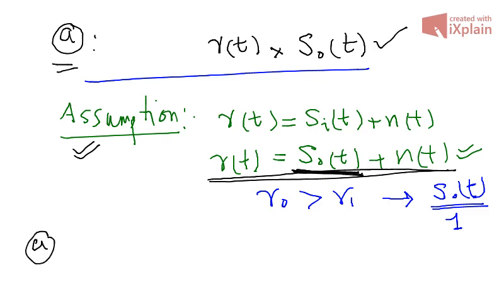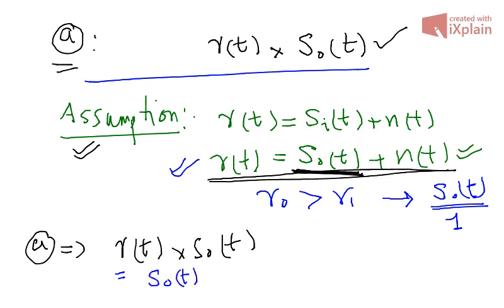At point A, this product is R of t into S naught of t, and because this is our first assumption, substituting it here, we have S naught of t plus n of t. This is our R of t, and it is multiplied with S naught of t.